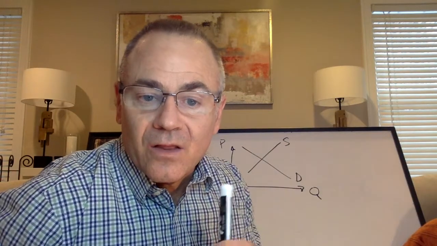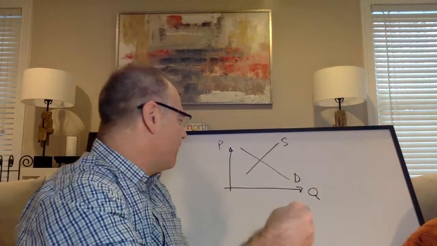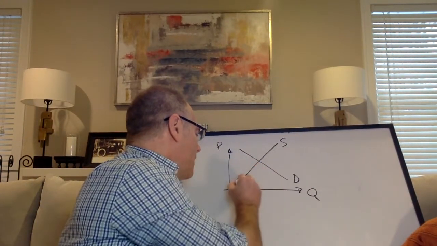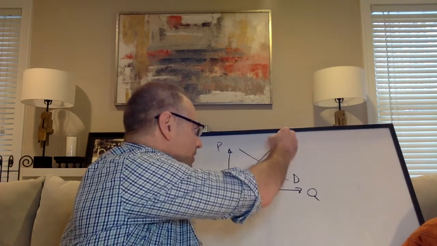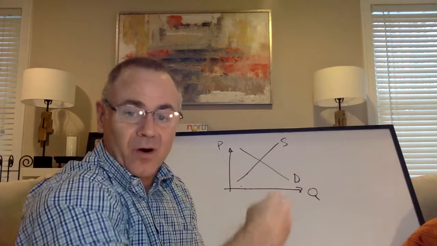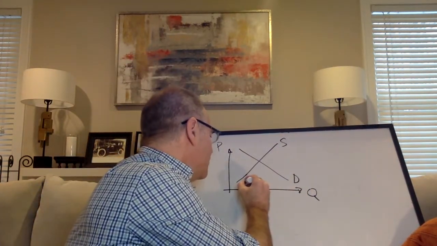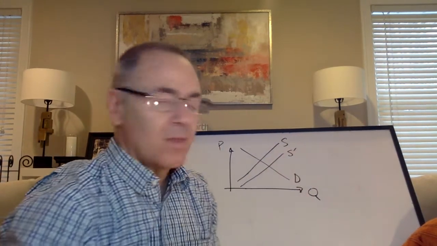The main costs, which are reflected in the supply curve, have gone down. So that means at every possible quantity, the price should be lower. The supply curve, that is marginal cost, the marginal cost should be lower. So that means the new supply curve should look like this. So that's the key.